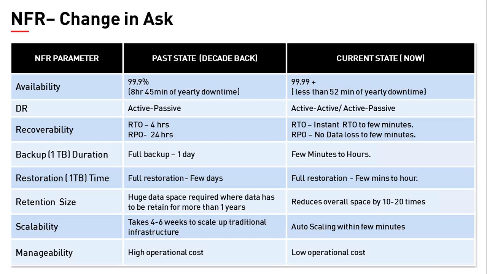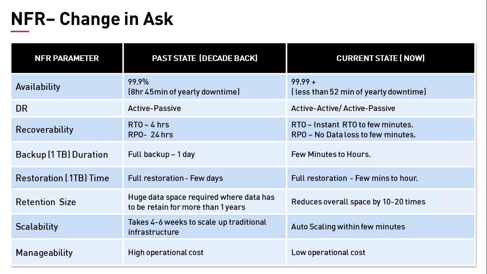Recoverability again gets categorized into two parts. One is the recovery time objective, which is how quickly your system can be recovered once you invoke a disaster. And the recovery point objective is the amount of data loss the business can sustain.